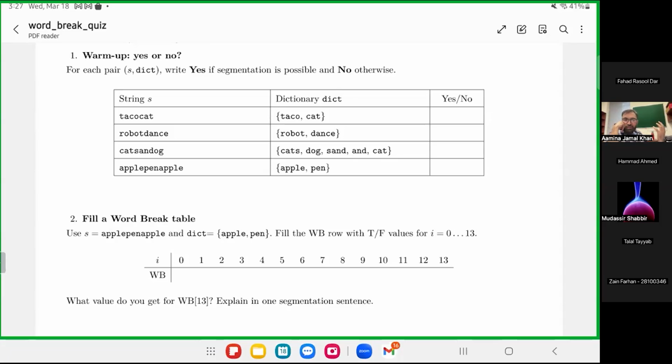It's a trivial case that I need. The empty string is always already segmented in my rule book. If you give me an empty string, there is nothing to segment, so I'm just going to say true. That's all. Hope that helps. Okay, sir, thank you.